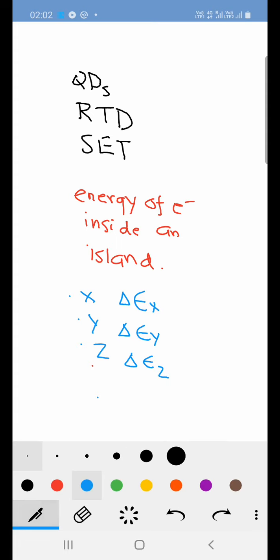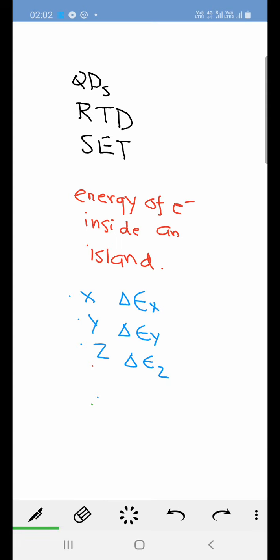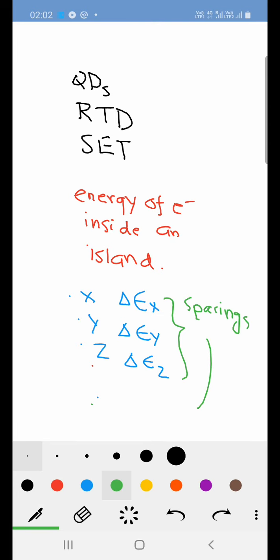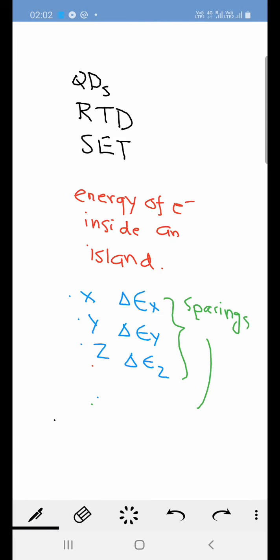These are the spacings between the quantized energy levels.